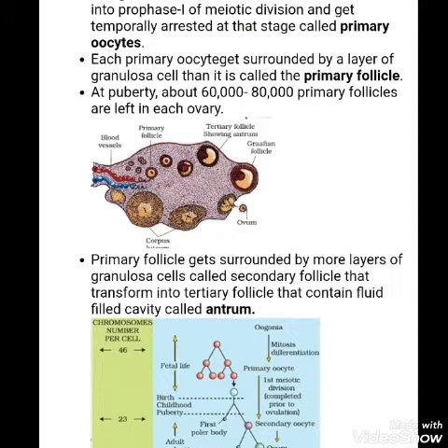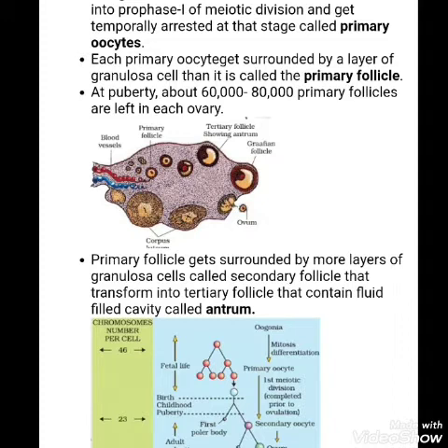When the girl gets birth and she becomes 8 or 9 years old, that means when the puberty stage comes, 60 to 80,000 primary follicles are left in each ovary. Each ovary contains only 60 to 80,000 primary follicles, which are arrested in prophase 1.